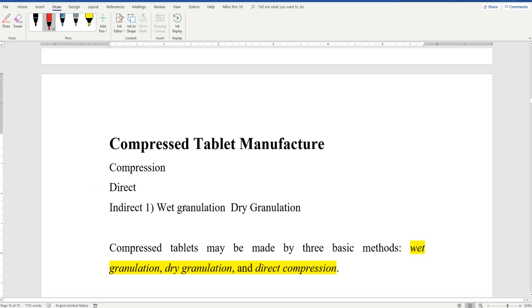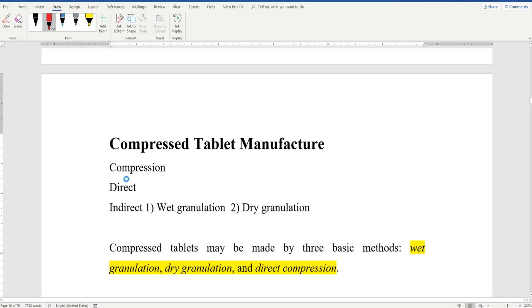Why it's indirect? Because first we need to do granulation, whether it's wet or dry. Because we need to do granulation, we refer to it as indirect. يعني إذن first we need to prepare granules, then we can compress them.